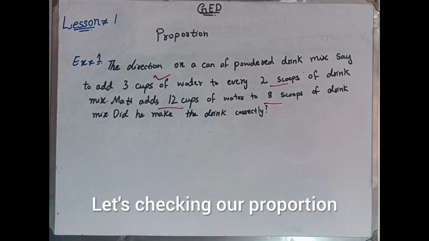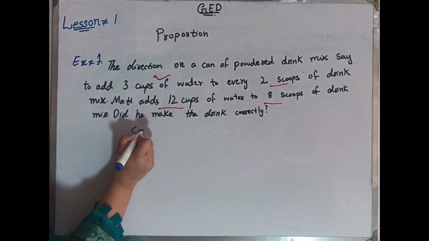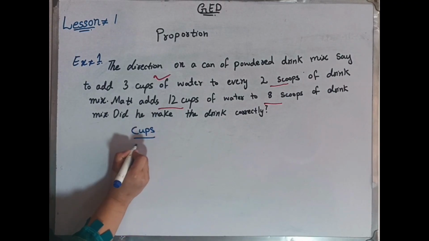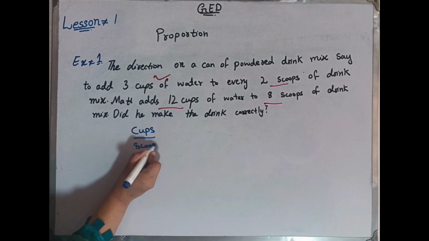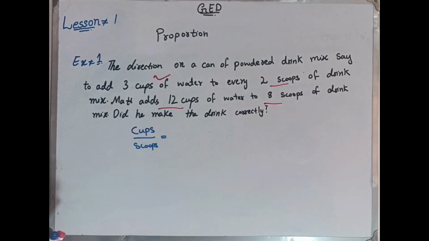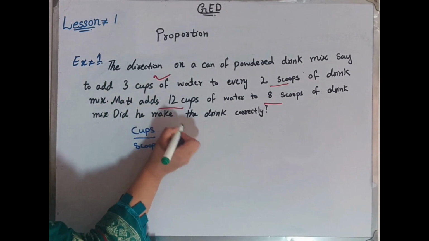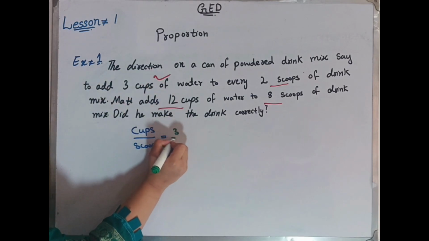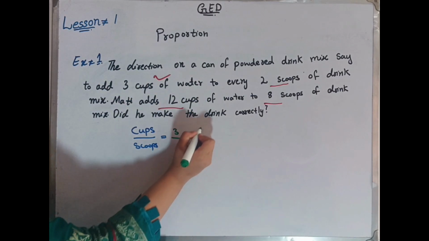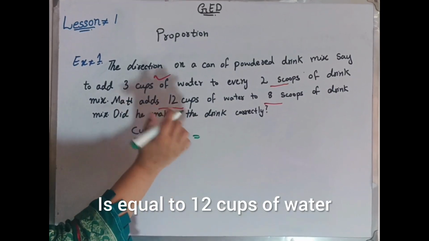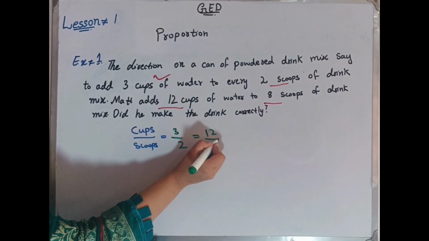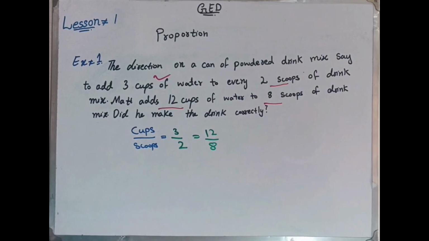Let's check with a proportion, cups over scoops. Three cups of water to 2 scoops of drink is equal to 12 cups of water to 8 scoops of drink.